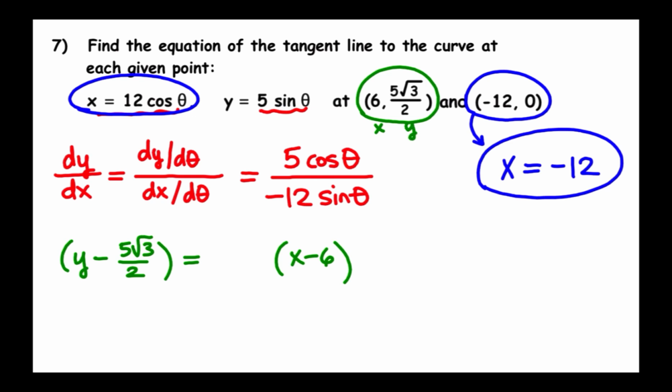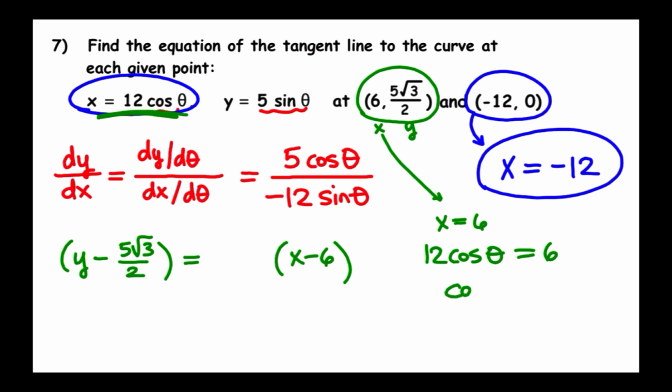And now I've got to figure out, okay, what is theta? Oh, man. Again, I can use either one. I think I'm going to stick with the x. That worked pretty well last time. The x is 6. So let me bring that down here. x was 6. Remember, x is also 12 cos theta, so 12 cosine theta is 6.